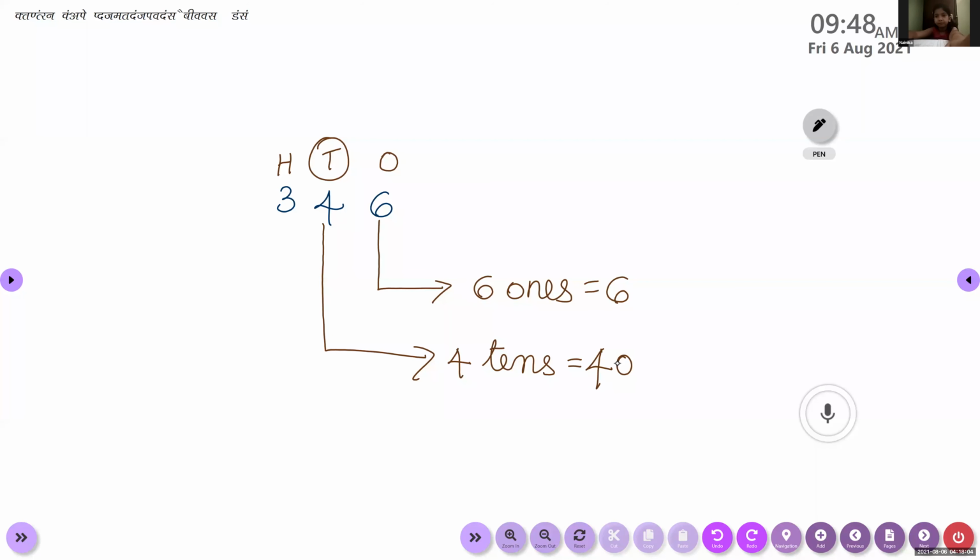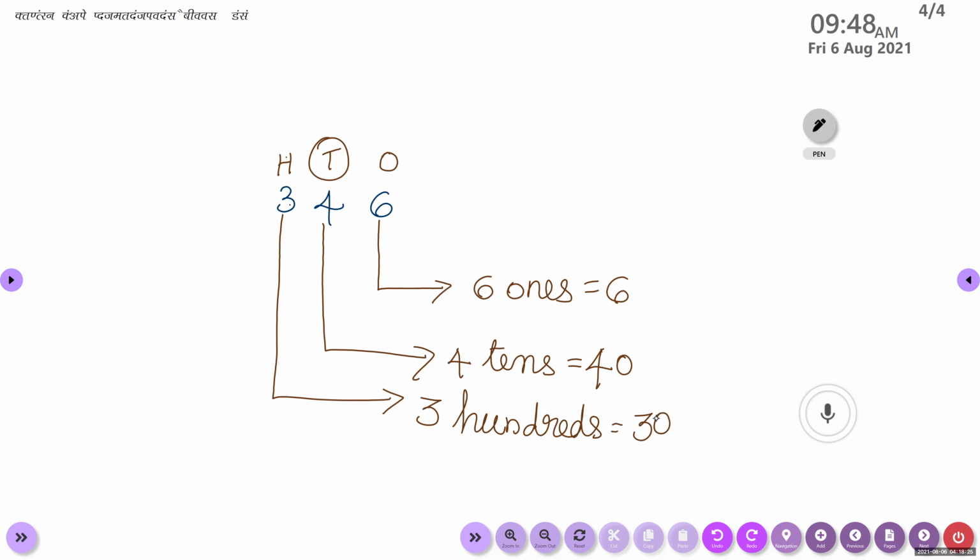Like that, the place value of 3 is 3 along with the place, 300. You have to say the digit along with the place, then it will be the place value.